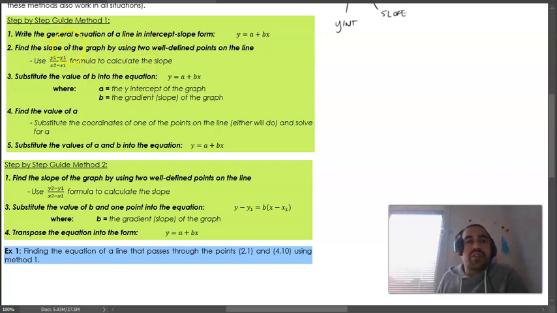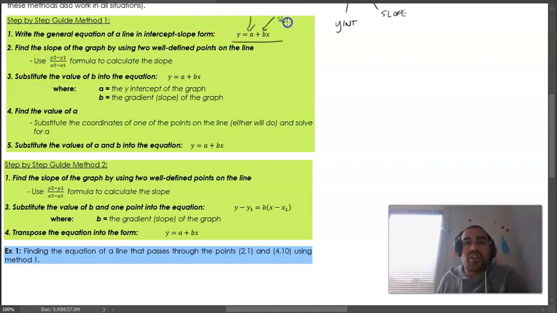The first thing we're going to do is write the general equation in the form of y equals a plus bx. So this is the general form. What we're looking for, obviously, is a and b. Step number 2 is to look for the slope, what b is.